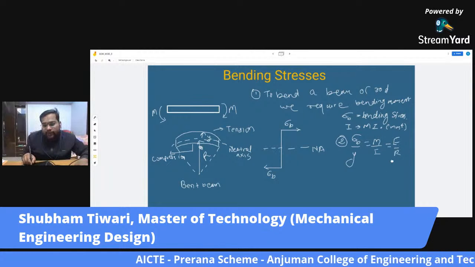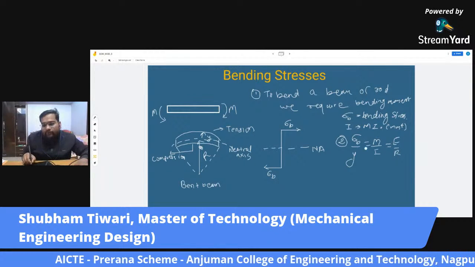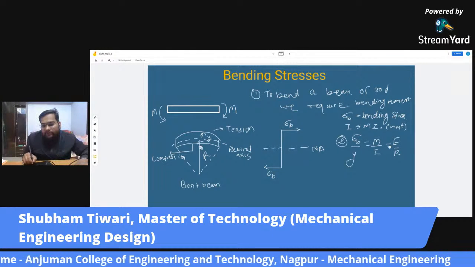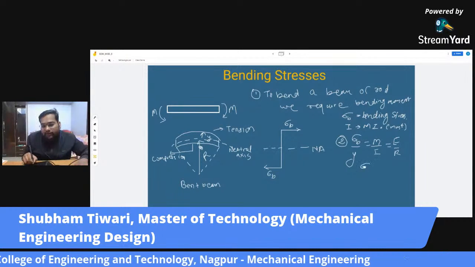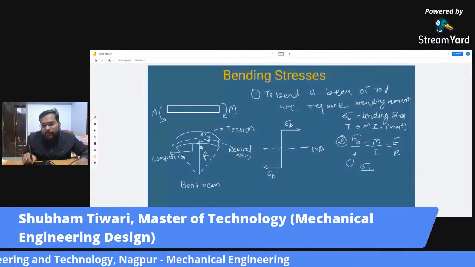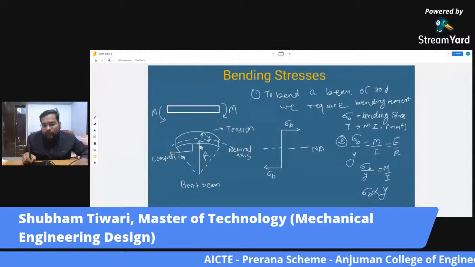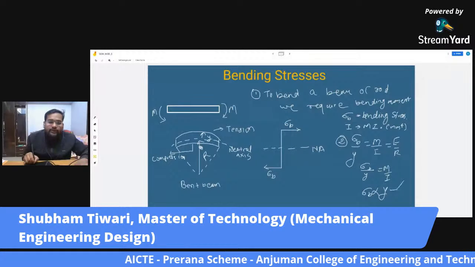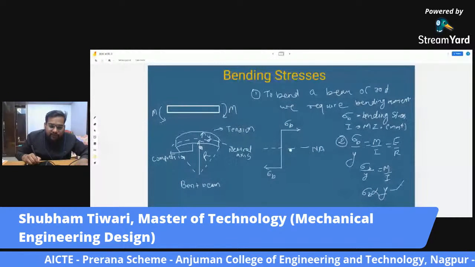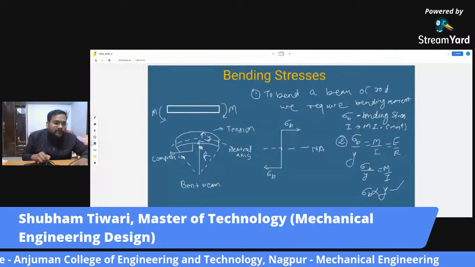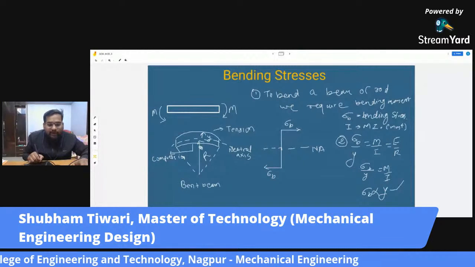Now, if we keep all these things constant, then we can write sigma b by y equals M by I. For this to be constant, we can say sigma b is directly proportional to y. So this equation means that as the distance of the layer increases, the stress increases. Let me draw this beam of yours in an enlarged view.